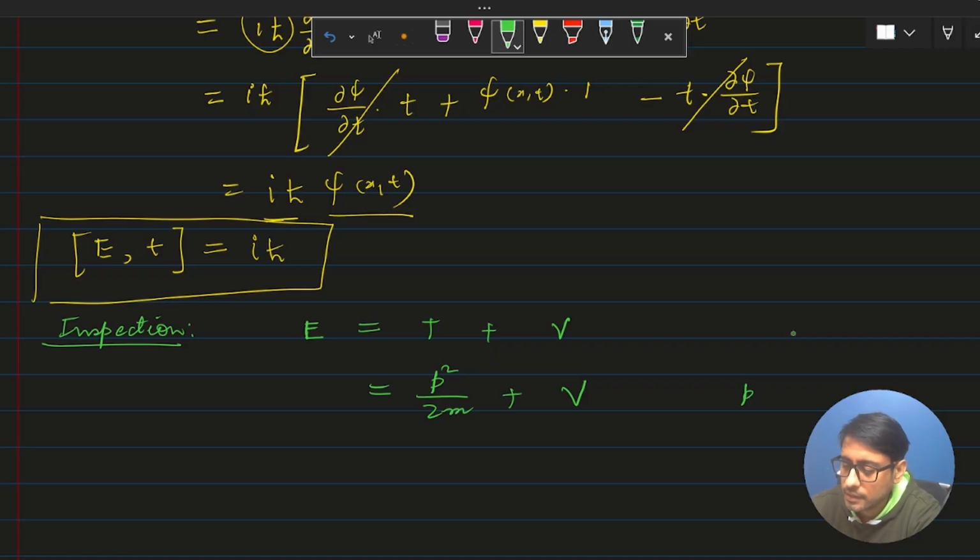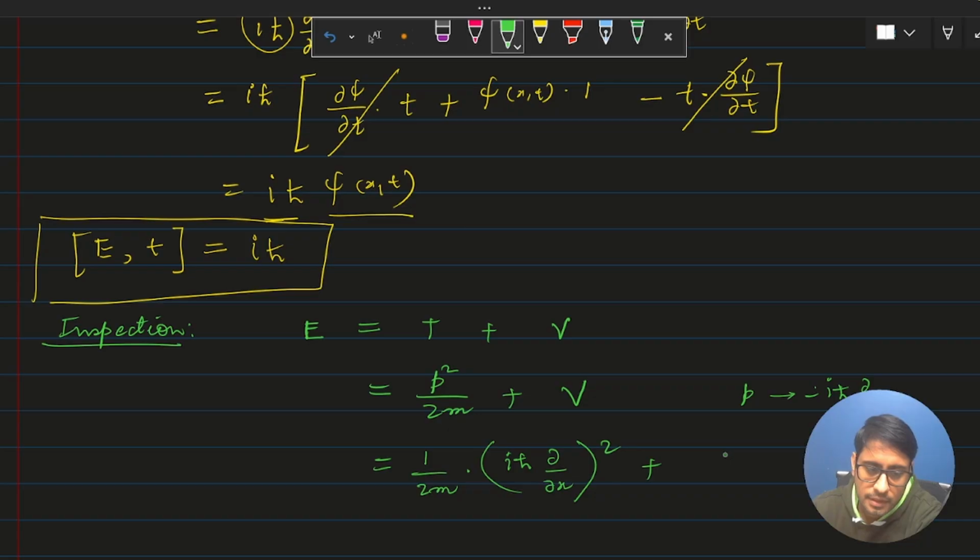We will apply it later, but let's first represent this P as minus i h bar del over del x. Okay. So we can write it as 1 over 2m, then this i h bar del over del x whole squared.